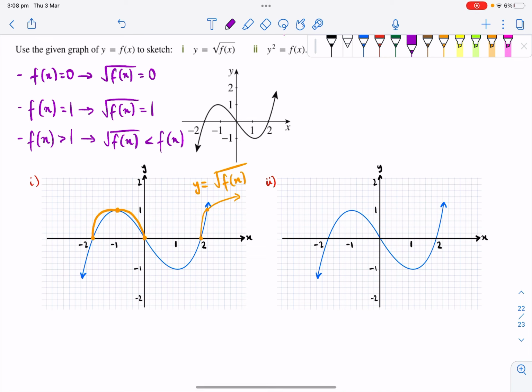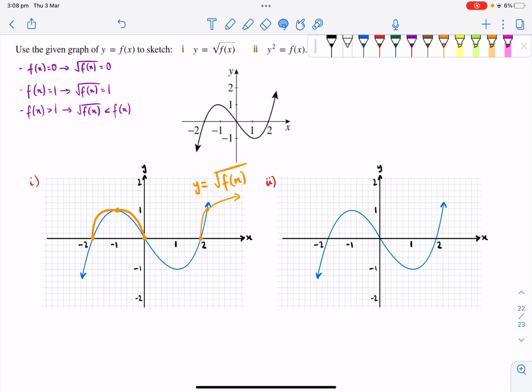I just need to make this a bit smaller to make it fit. And if f(x) is less than 1, then the square root of f(x) is greater than f(x). So those are some of the most important things to remember when sketching square root graphs.